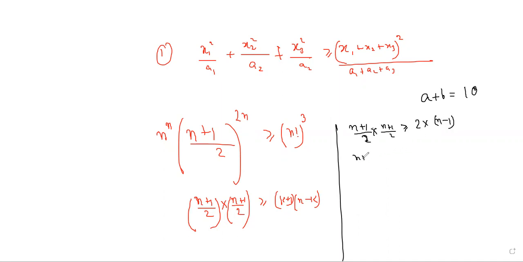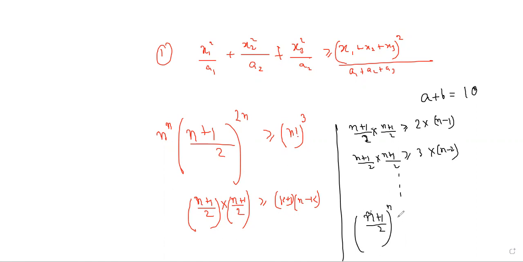Then you can use it again, 3 times n minus 2. If you keep using this n times, what do you get? You will get n plus 1 by 2 to the power n.